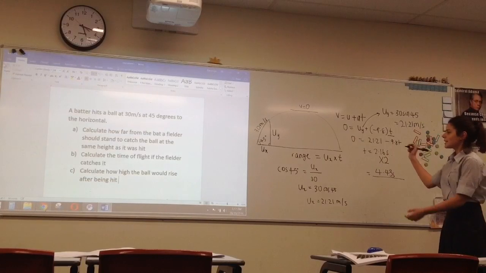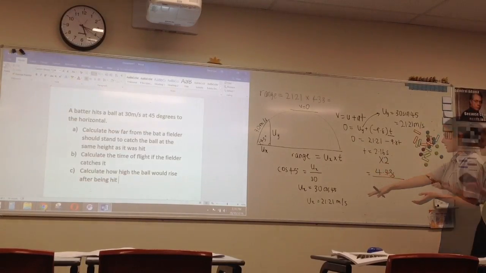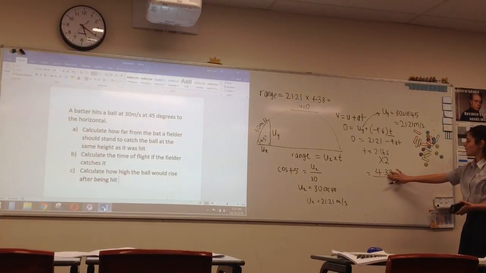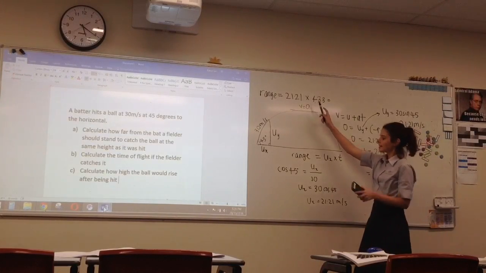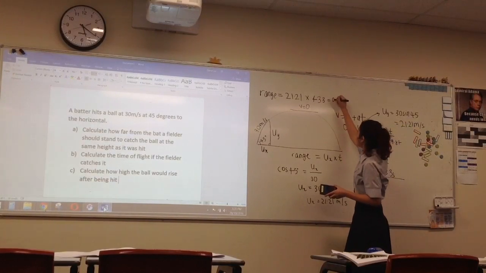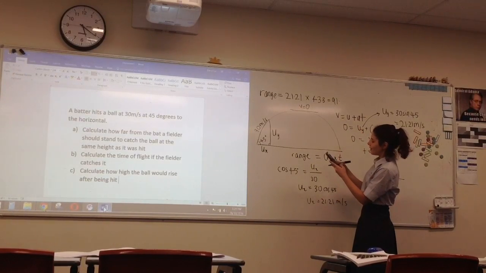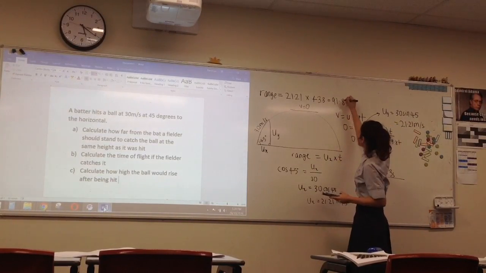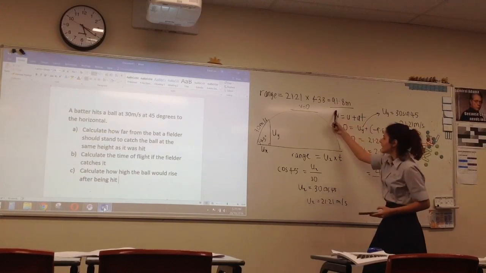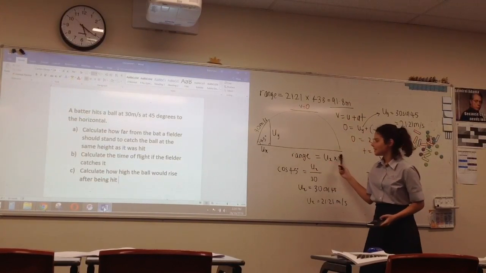So that doesn't answer our question. We still have to find it. So yeah, maths error there. It was 4.33. So when we put that back there, you should get 91.8 meters. And that's your range from here to here.